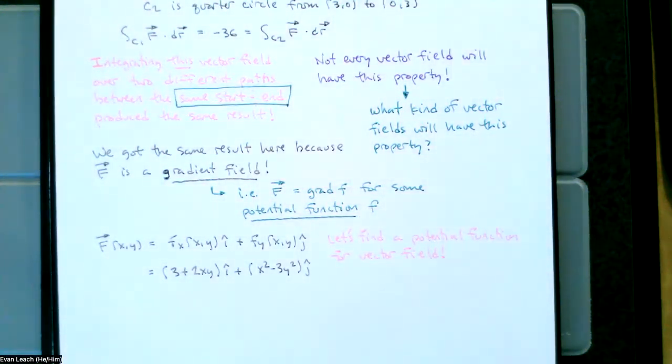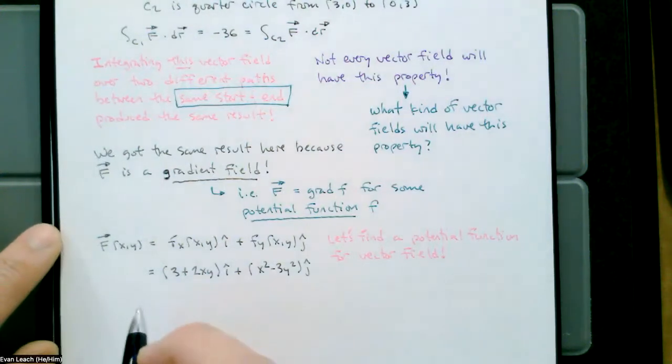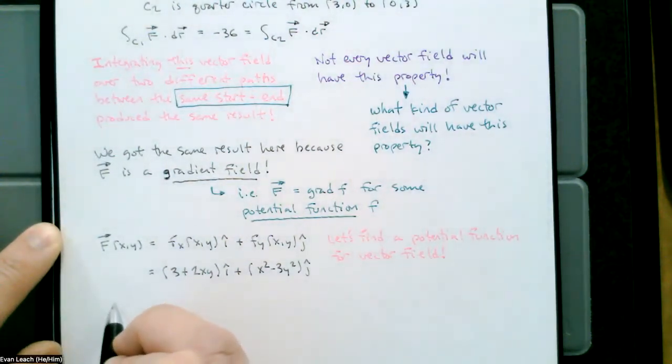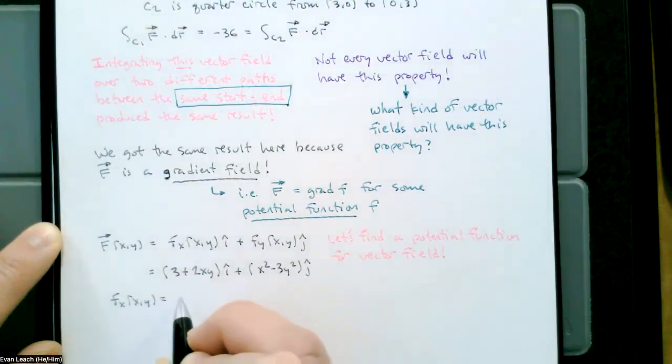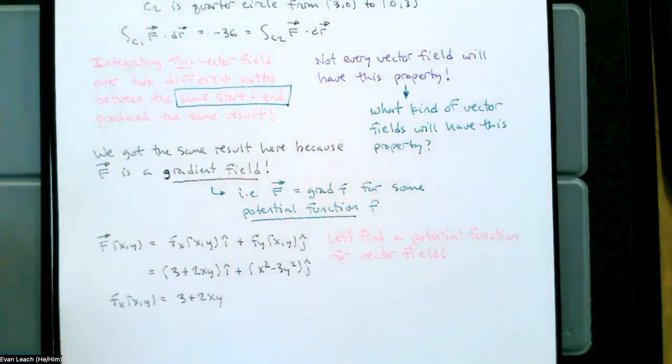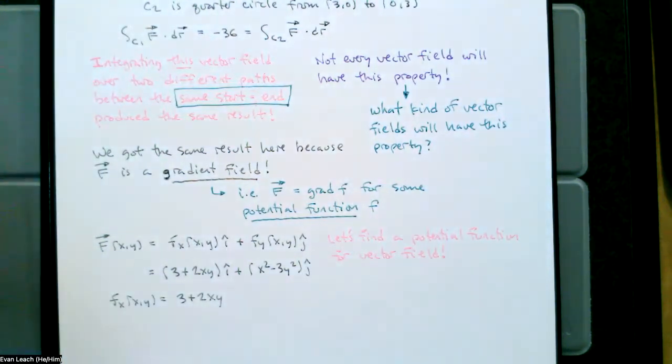So I'm looking at the two first partial derivatives of our potential function. So if fx at xy is 3 plus 2xy, I should be able to integrate this with respect to x to find at least part of our potential function. So let's integrate that.